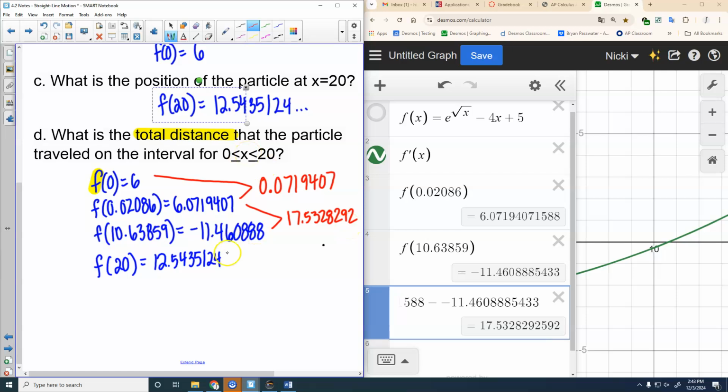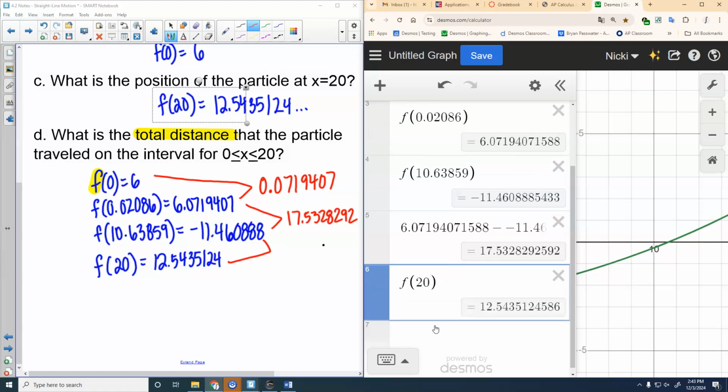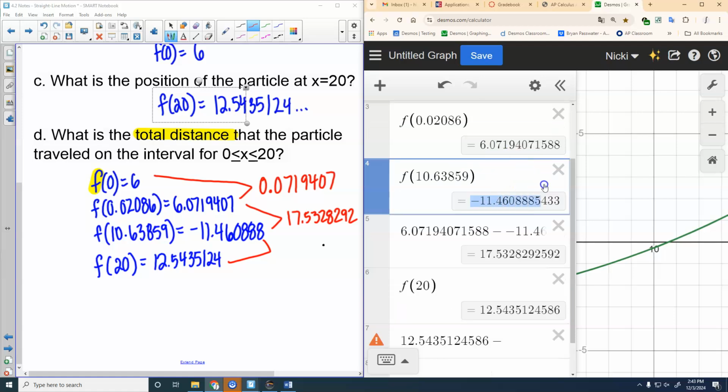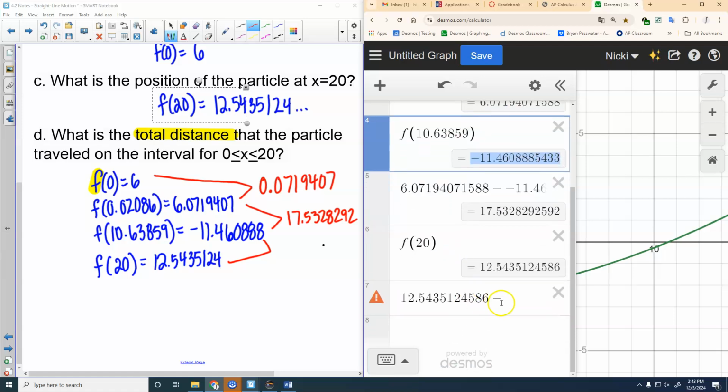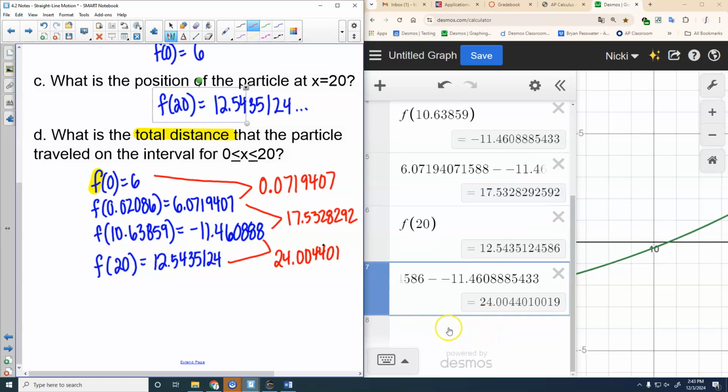And then we got to know how far it was from here to here. I think I need to put f of 20 up here so I can copy and paste that number too. So we would take this number and subtract this number, and we get 24.0044. And so we would need to add all those together.